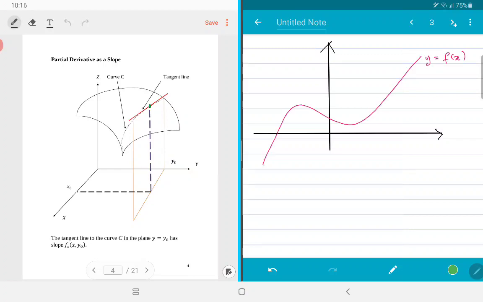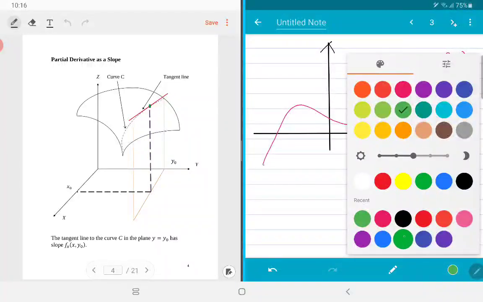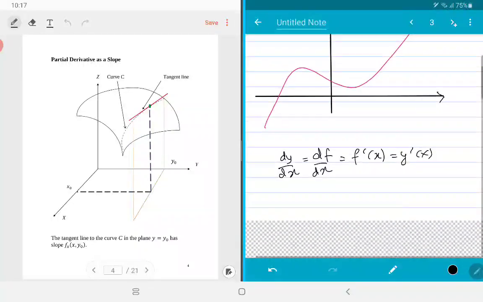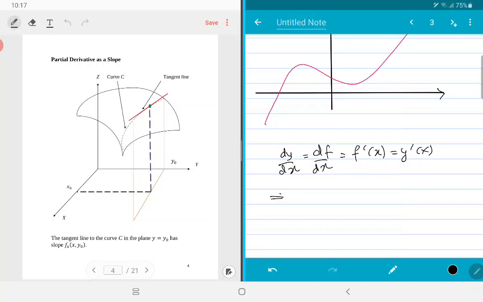If you recall from high school, if you're given y equals f of x, then if you take the derivative of this, what you have is the ordinary derivative. You can write it as dy/dx or df/dx, or you can use the prime symbol. What it means is it represents the slope of a tangent line on the curve.